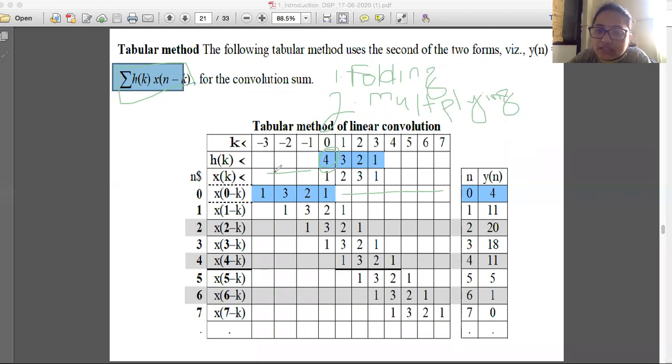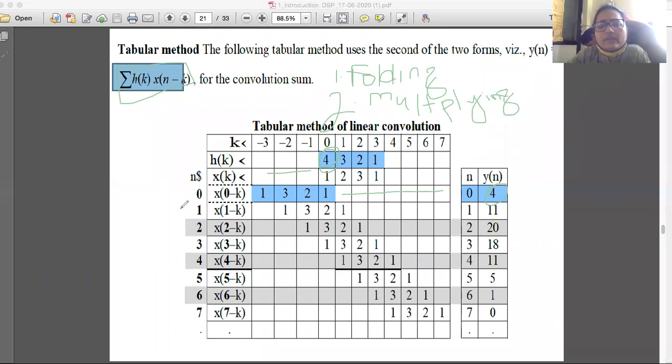We have considered just the folded sequence. So at this position, output y of n is just equal to 4. It is multiplication we are going to perform, and other sequences are not present, so we need not perform the addition operation.